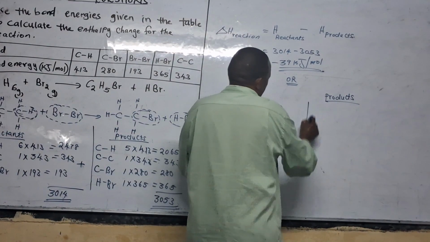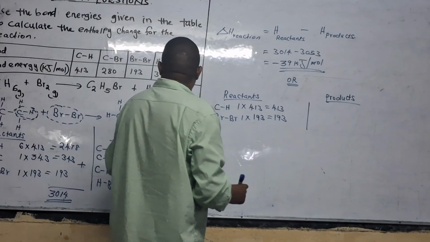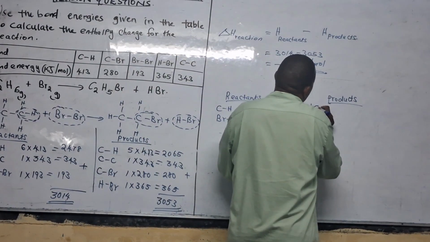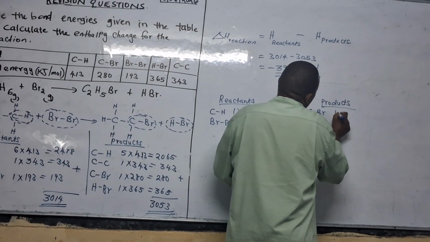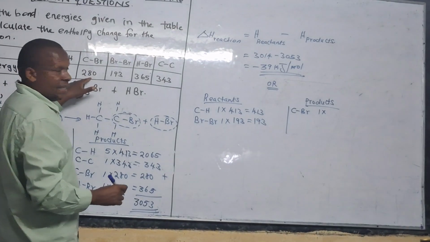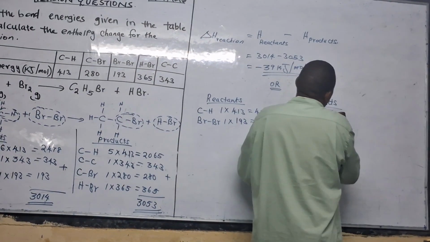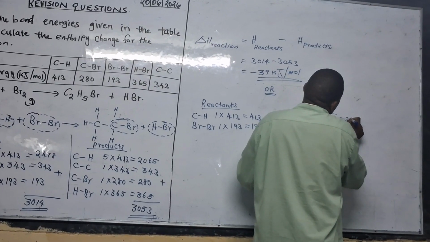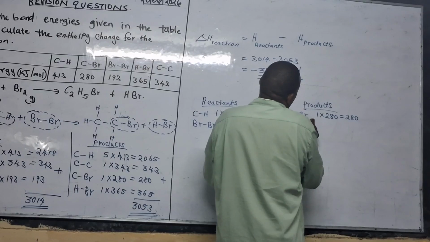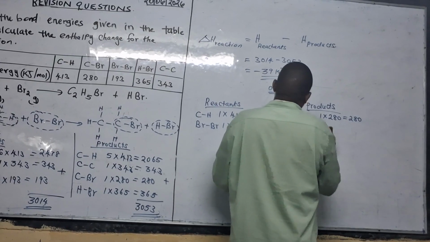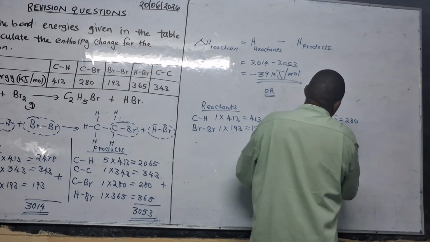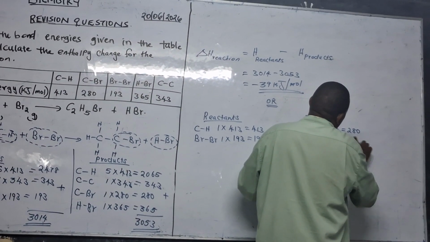We go to the products. Which one has been affected? The carbon-bromine bond has been formed. How many bonds? One covalent bond times the bond energy of carbon-bromine, which is 280. What do you get? 280. Very good. And lastly, the hydrogen-bromine covalent bond, which is still 1 times the bond energy of hydrogen-bromine, which is 365.